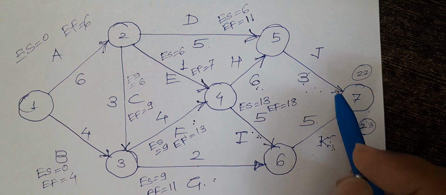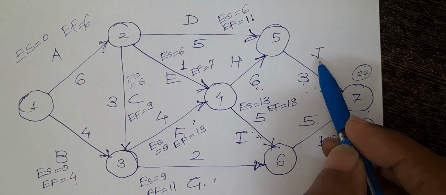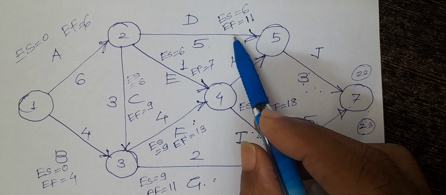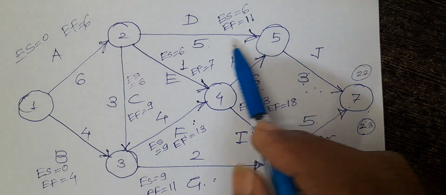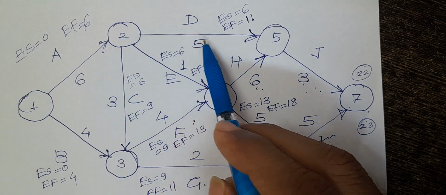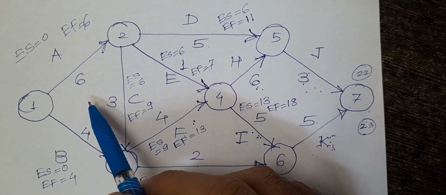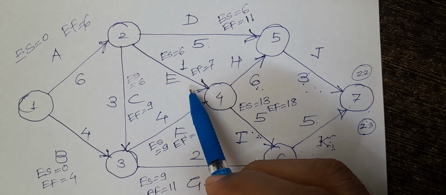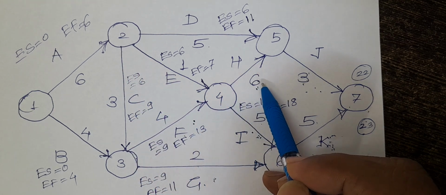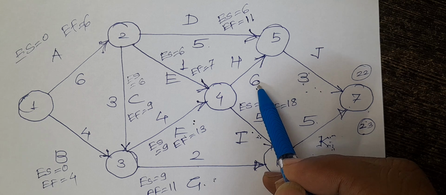Similarly, what is the earliest start for this activity J? There are two predecessors to activity J. So maximum is 6 plus 5, 11. Then there is one more, 6 plus 1, 7 plus 6, 13.